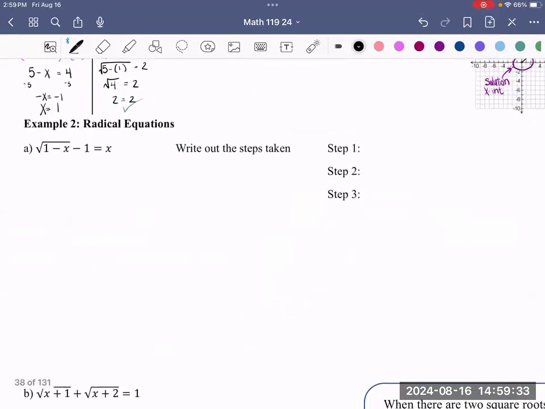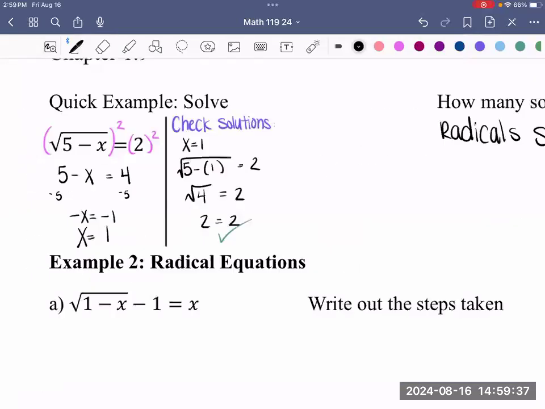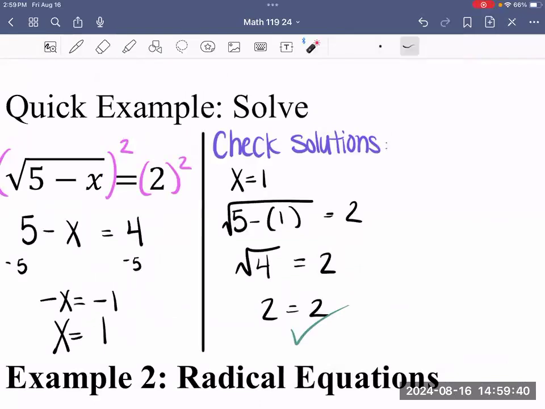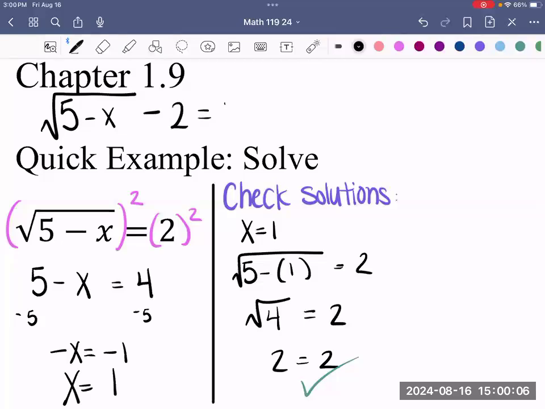So that being said, let's take a look at example 2. Now this quick example is great for anytime you have no other x variables appearing other than the one that's on the other side. And again, we don't want to square our values too early, because otherwise we're going to have to FOIL. So let's say we had a variation that says the square root of 5 minus x, minus 2 is equal to 0.